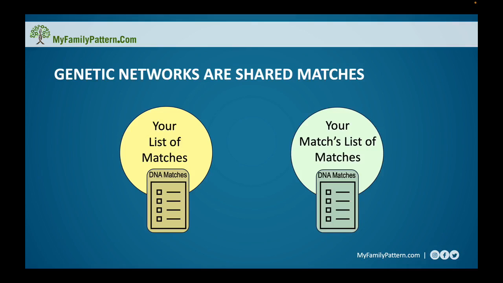Within a genetic network, when we have shared matches, what we essentially have is, the image in yellow is my list of DNA matches that I have for myself. The one in green is a separate list of matches that a match of mine has.